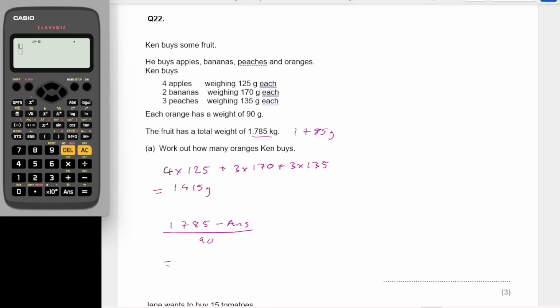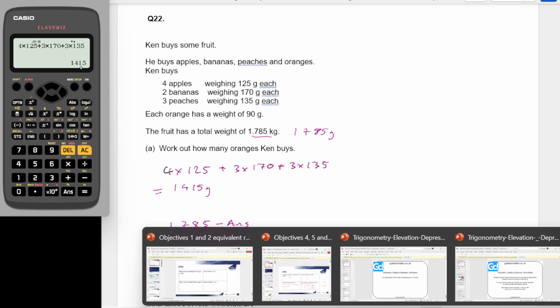I can type it in like that if I want to. 1785 minus my last answer divided by 90 gives me an answer that does not make sense. So let's just quickly scan for errors. It might be that I typed something wrong here. 4 times 125 plus, there we go, it was 2, not 3.